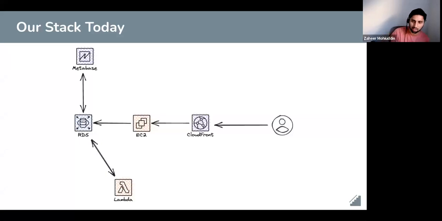And then today, the way we run analytics: we have all of these pages on the site where we have averages computed. Like, what is the median salary at Google, or what is the 95th percentile salary for this particular level at Google. All of that is generated via Lambda functions, which on a daily or weekly basis run these queries on the database and generate new tables in the database for all of these aggregated things.